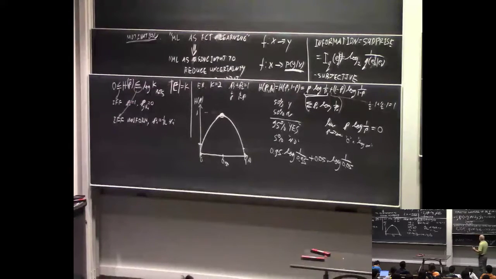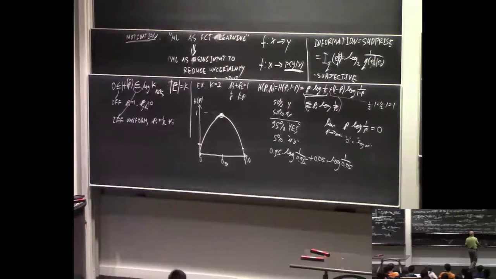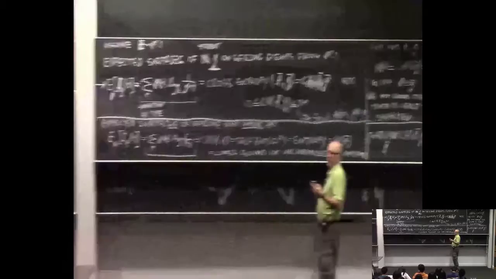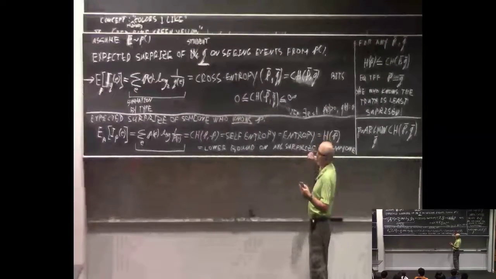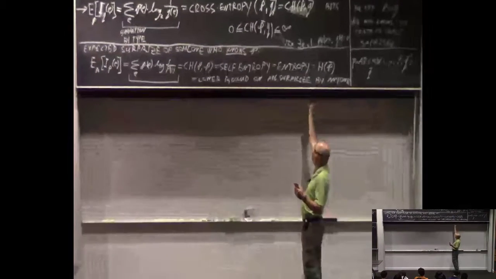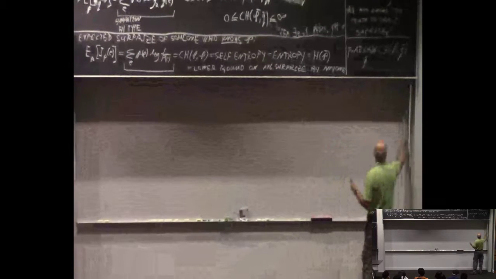Let's go back to this side of the board, which is the side where we know the truth, P. And we can observe somebody who knows only Q and think what we think about them.